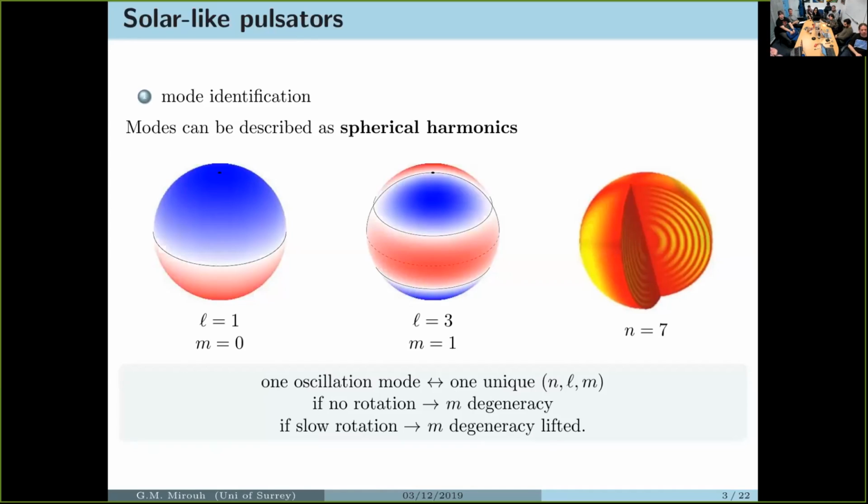Obviously, M is smaller than L in absolute value, or equal to L. If you don't have rotation, you have a degeneracy in M. If you have a slow rotation, basically your modes that have the same N, same L, but a slightly different M will just split and make a multiplet of modes. We understand that very well.